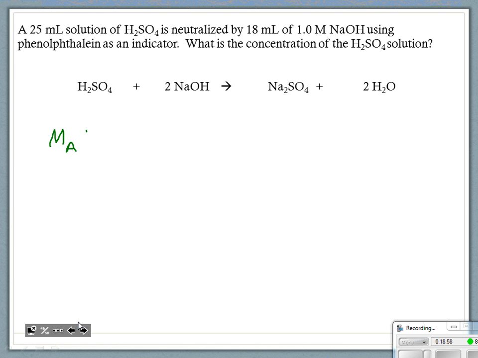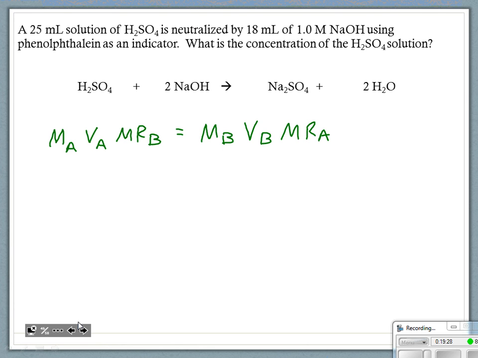MA, VA, MRB is equal to MB, VB, MRA is the equation that I just gave you. How I do it is I just simply go through and fill in numbers for what I got.